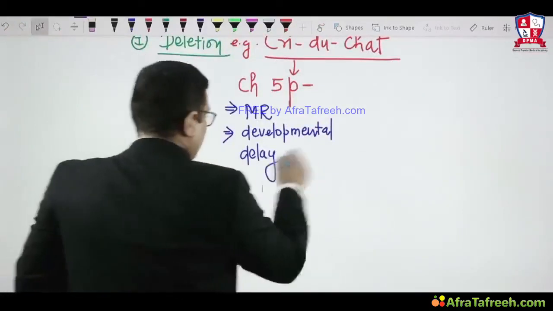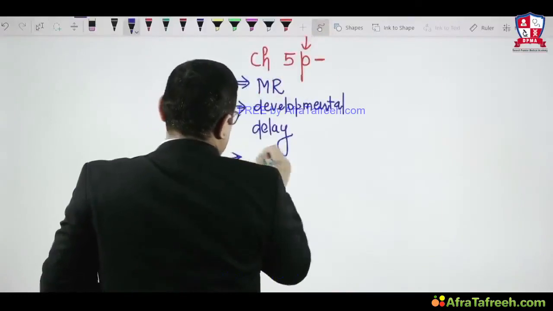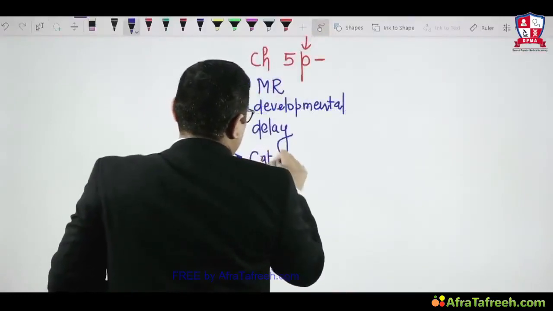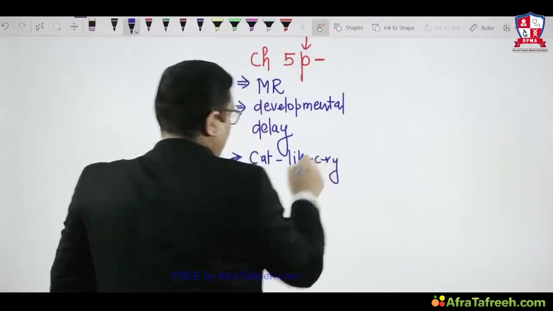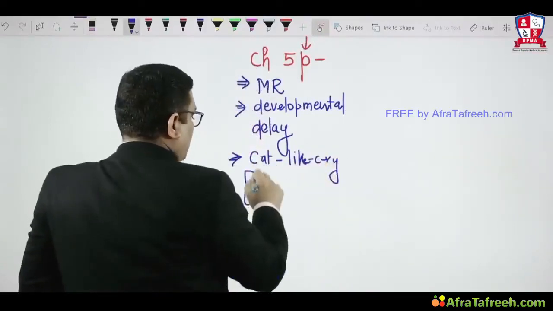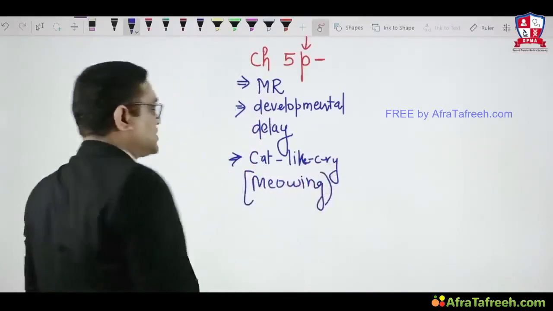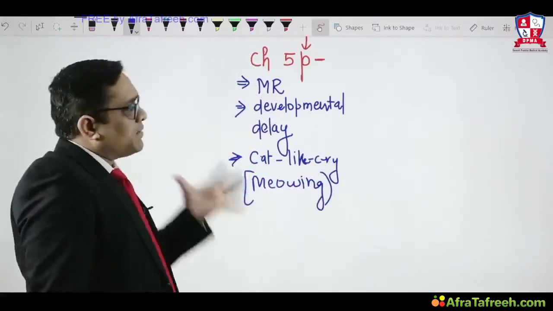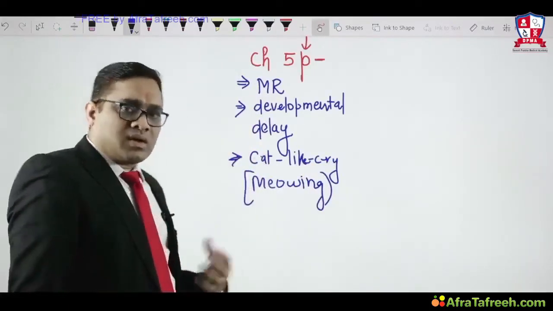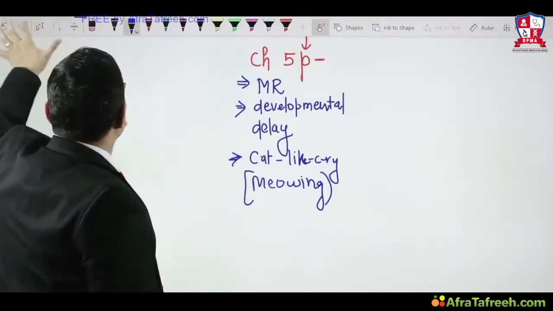That is why this name is given, because they have a cat-like cry, which we also call mewing. So a high-pitched cat-like cry or mewing is seen in Cri-du-chat syndrome, and that is why this name has been given. So this is the example of deletion, which can be detected.